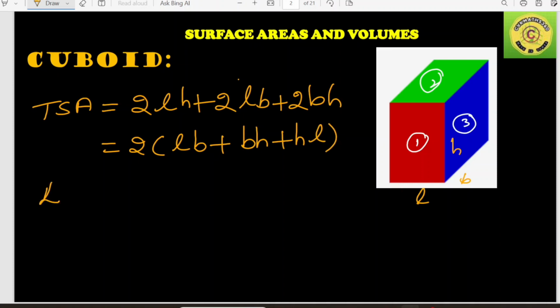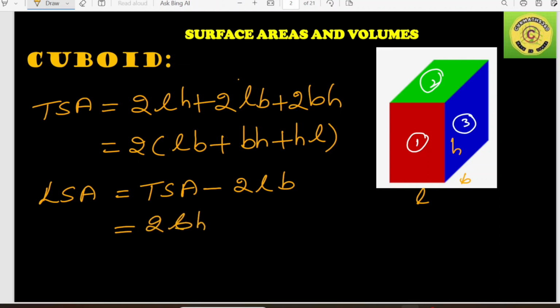And what is LSA? We need to remove from the total surface area the area of the floor and the area of the ceiling, like the top. So TSA minus 2LB gives 2BH plus 2LH.